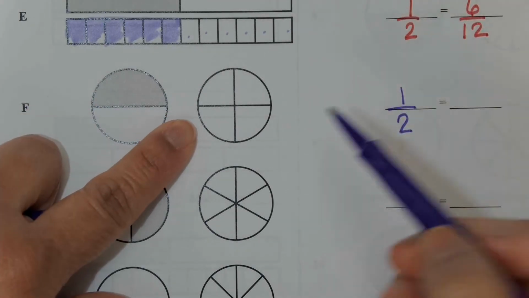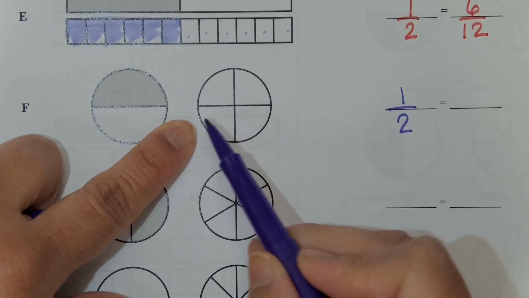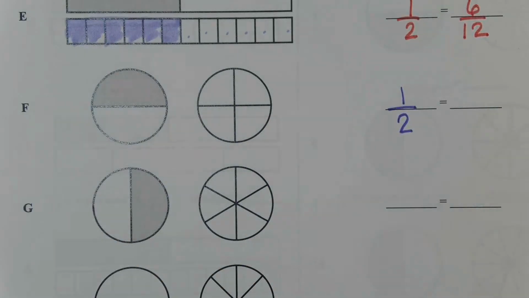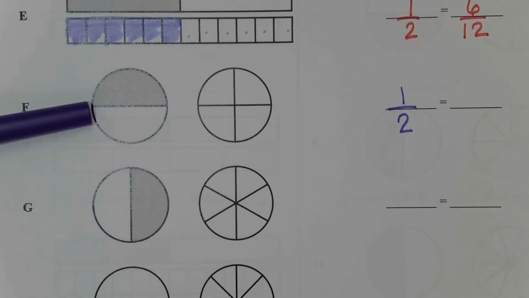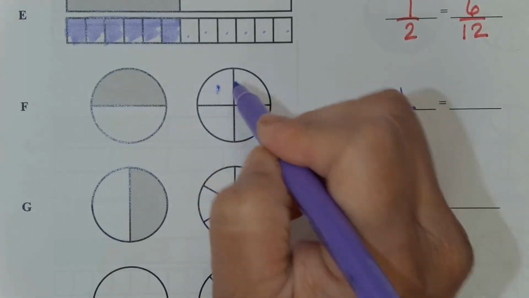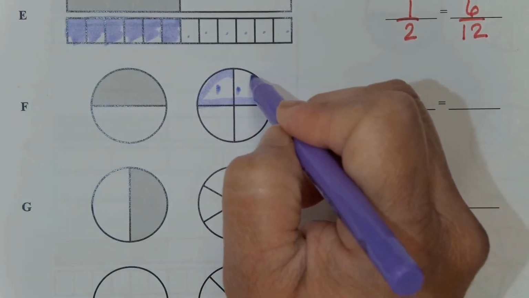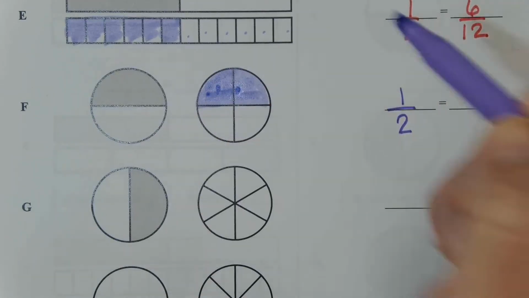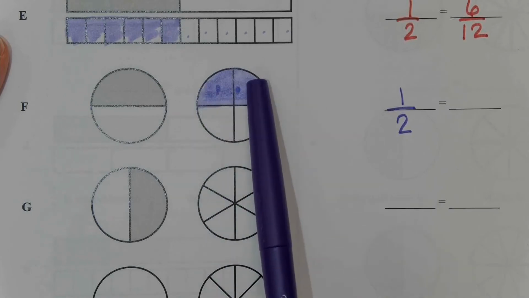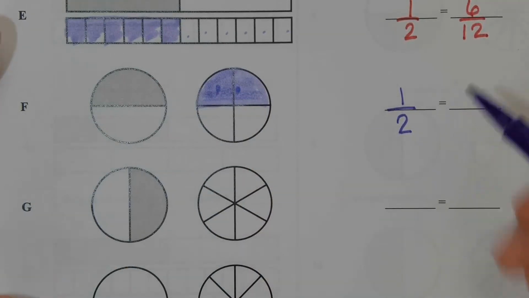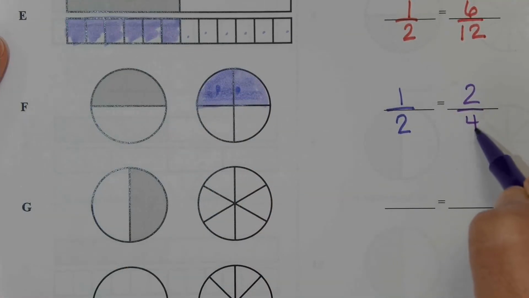How many equal parts? Well, there's 1, 2, 3, 4. There's 4 equal parts. And how many parts have to be shaded to equal half? This one and this one. So 2 equal parts out of 1, 2, 3, 4. So 2 out of 4.